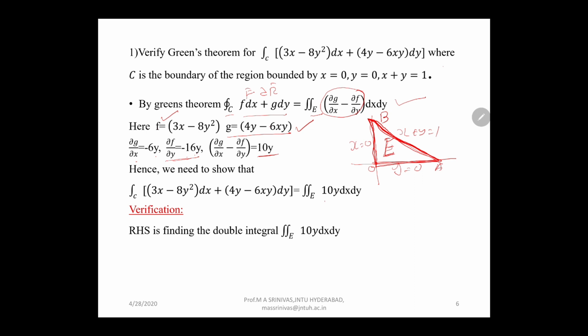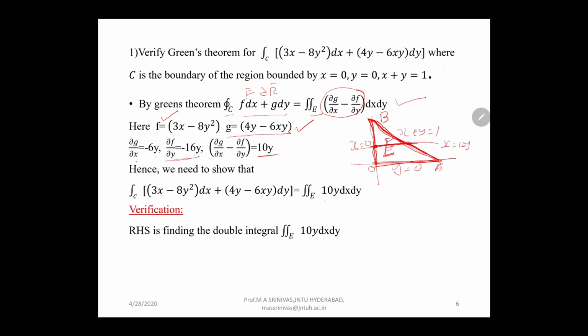You learned how to find the double integral in unit 3. So in this region E, what are the limits for y? What are the limits for x? For a given y, the lower value for x is 0, the maximum value for x is 1 minus y.